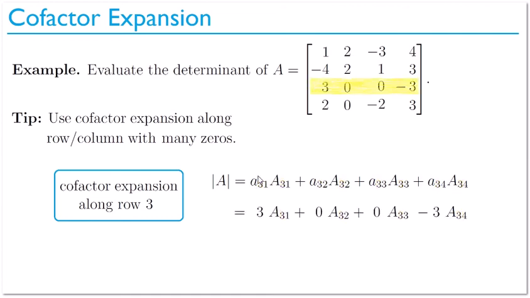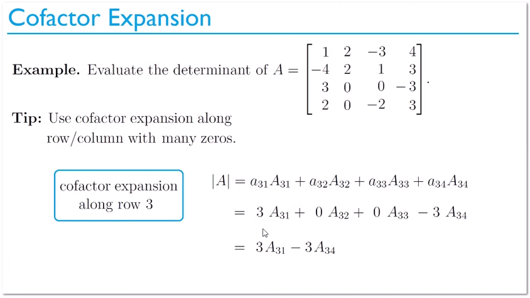We have 3 for a31, 0 for a32, 0 for a33, and -3 for a34. The middle terms, 0 times A32 and 0 times A33, are just zeros. So we are left with 3A31 minus 3A34.